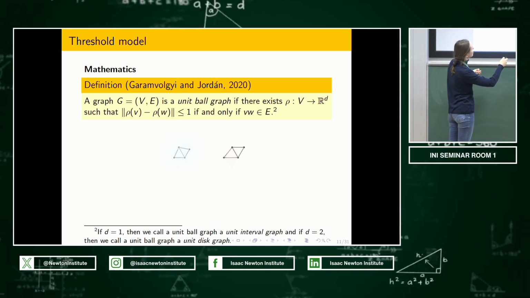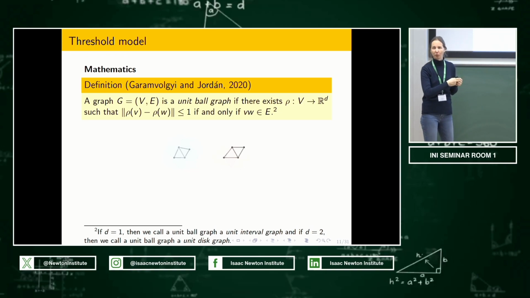The balls are unfortunately not so easy to see, but basically at every vertex there is a ball centered at that vertex, and all the other endpoints of the edges that go out should be inside the ball centered at that vertex.